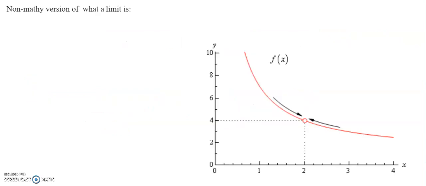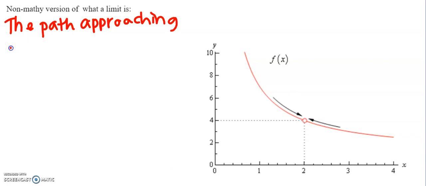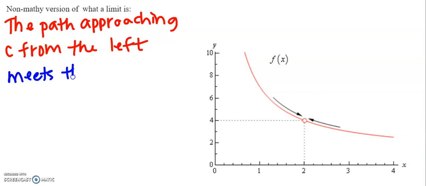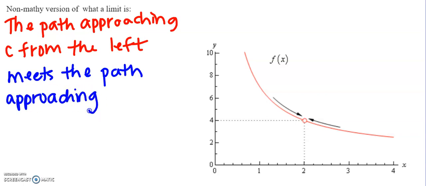So a non-mathy version of what a limit is: the path approaching C from the left meets the path approaching C from the right.